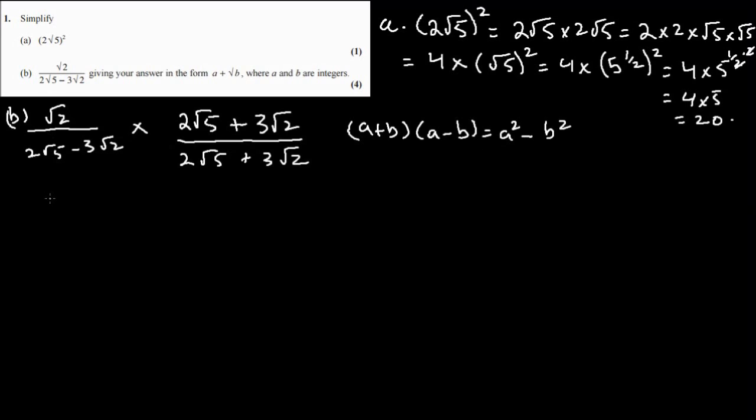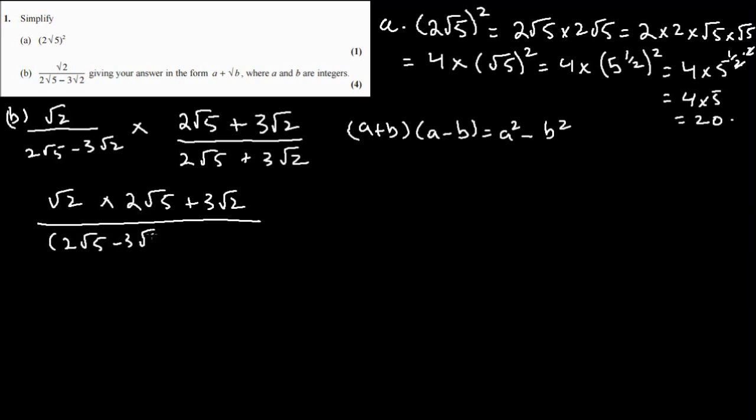So you can rewrite this as under root 2 times 2 root 5 plus 3 root 2, and then you can merge it like this. You can first say, okay, 2 root 5 minus 3 root 2 into 2 root 5 plus 3 root 2. You can see this is the a plus b into a minus b.